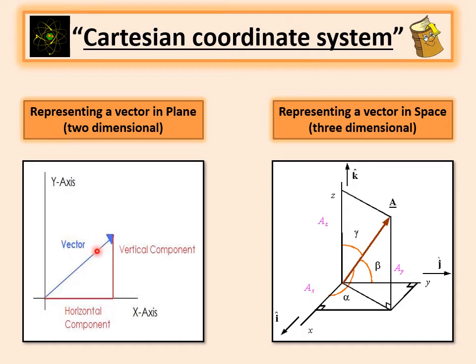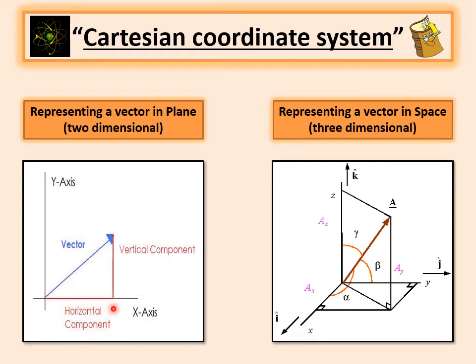This is vector A, so the component is represented as A y, or we can say this is the vertical component. Now this is the horizontal component, which is parallel or along the direction of the x-axis.